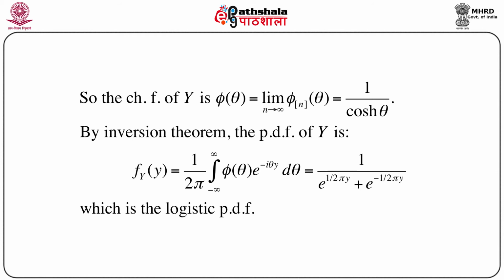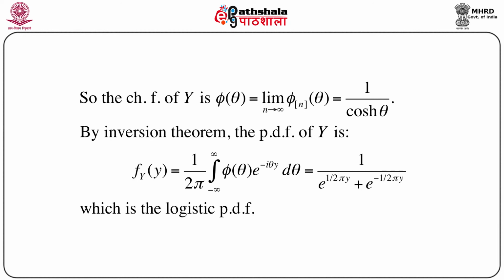Just calculate the characteristic function of the random variable Sn, which is the sum of the Zi's, and this characteristic function converges to another function of θ, which is 2(e^θ + e^(−θ))^(−1). In fact, this is also a characteristic function.